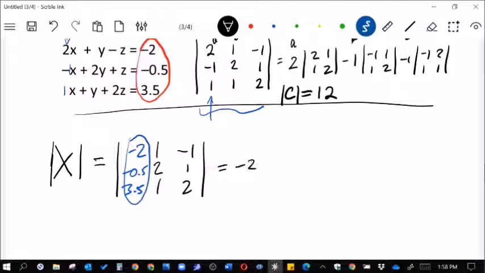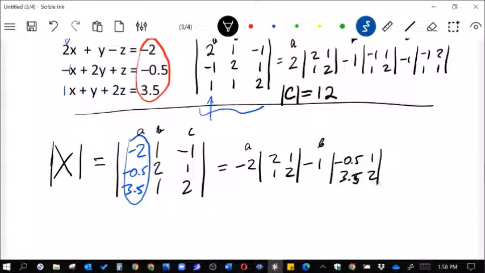I'll do it by minors here, we're going to find the determinant for this x1. -1, so that's A, here's B, and here's C. This is A and B, -1, -0.5, oh, I don't need a slash there, it's just 0.5, and 1 and 2, and then -1, that's the C, -0.5 and 3.5, 2 and 1.